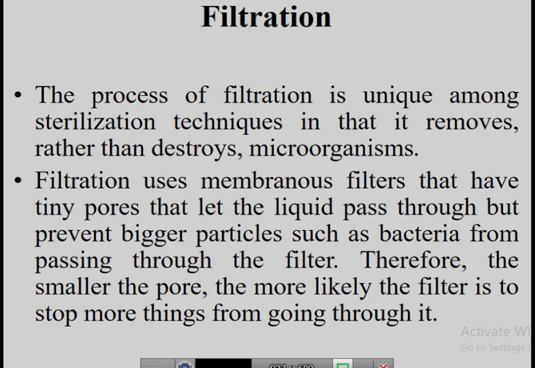So for such substances, we can use an alternative method called filtration sterilization. This filtration sterilization uses certain membrane filters. These filters have certain pores, and these pores will help to trap the bacteria and will give you bacteria free material.